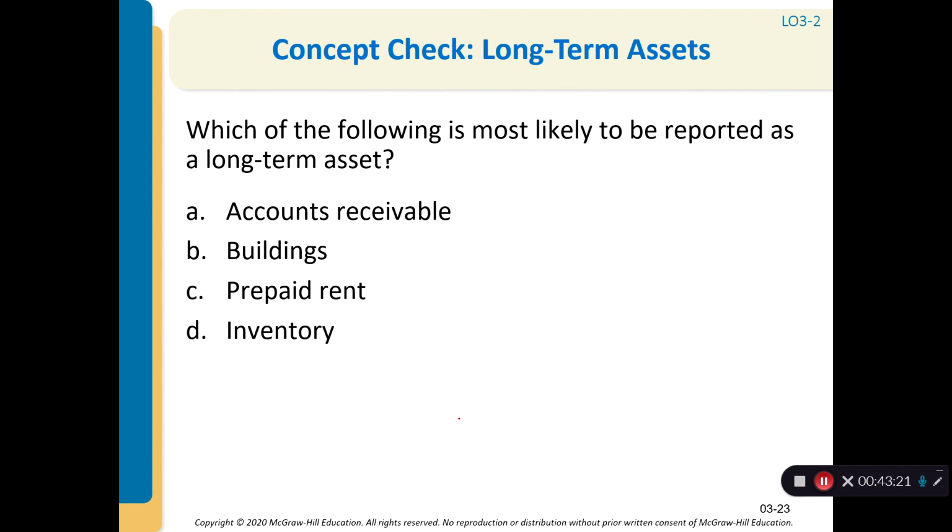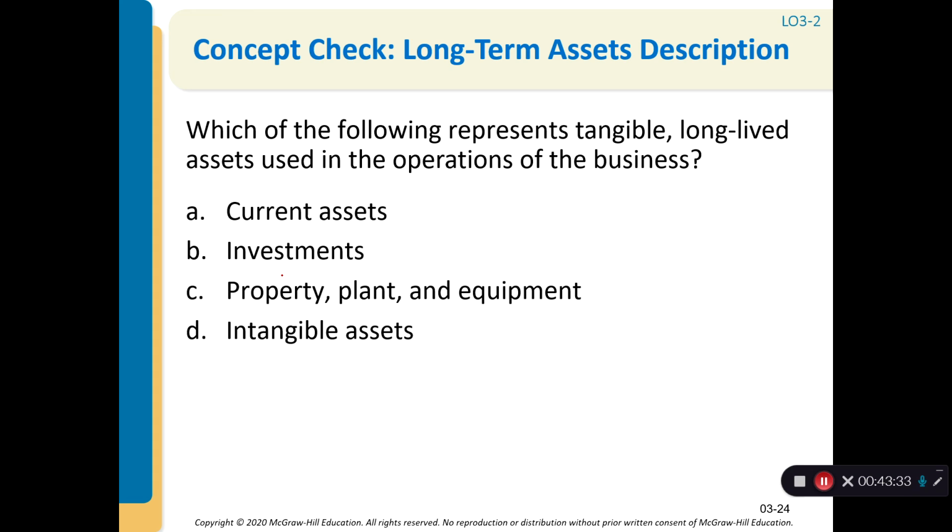Okay, so which of the following is most likely to be recorded as a long-term asset? B, right? Building. Which of the following represents a tangible, long-lived asset used in the operation of a business? This one is property, plant, and equipment.